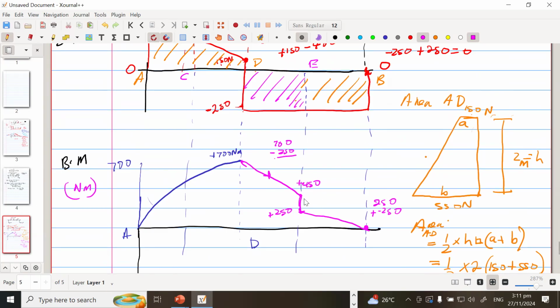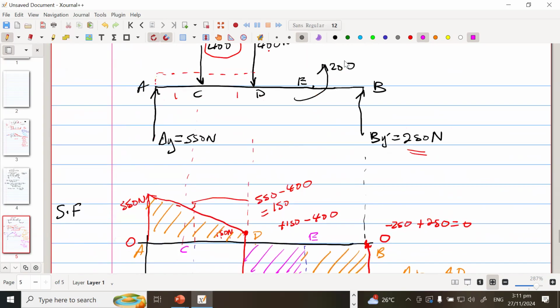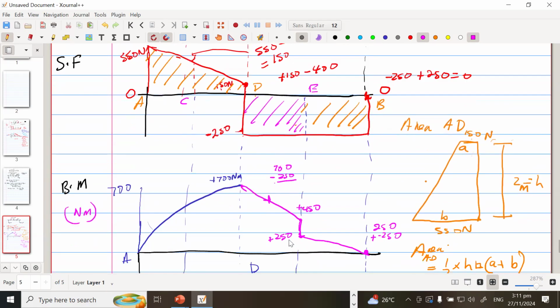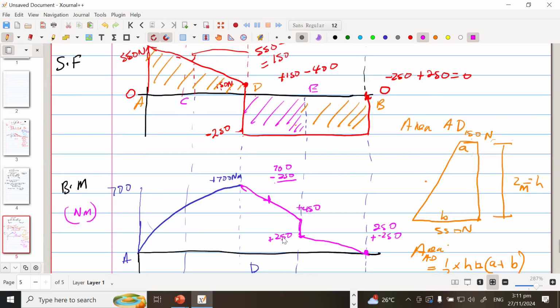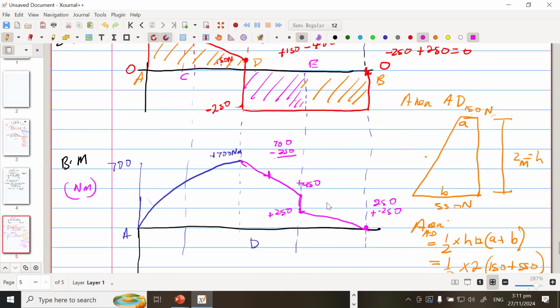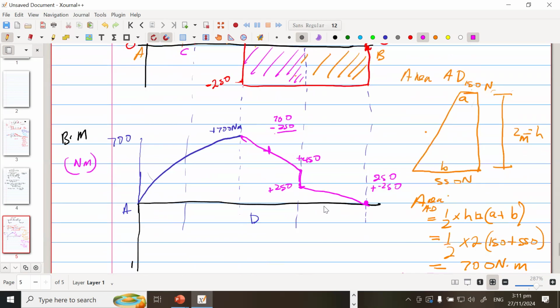The only trick to this one is the bending moment here: its effect is the difference between the 550 and this, dropping it down to 250. At this point, the same 250 is going to be here. So add the 250 minus and the 250 plus, and it brings it back down to 0. Right? So this point is B.